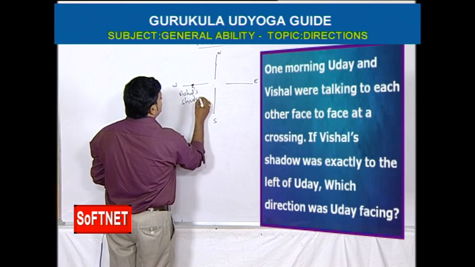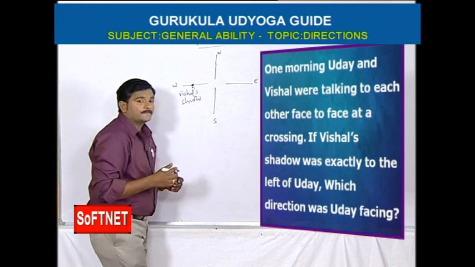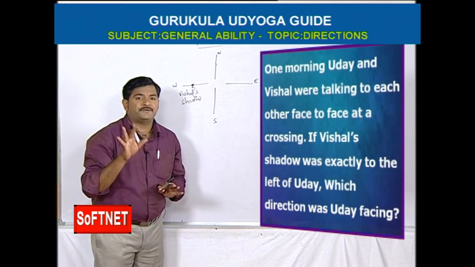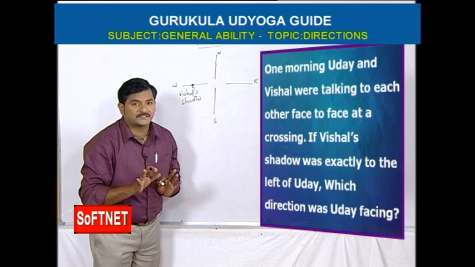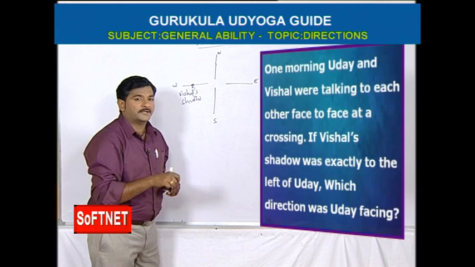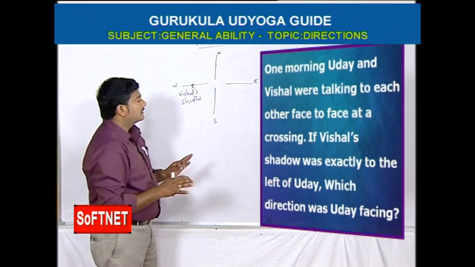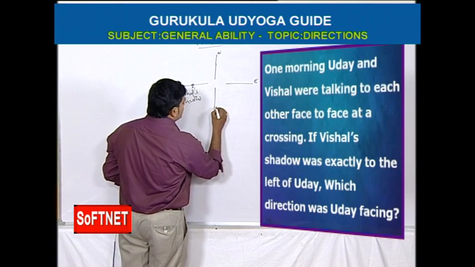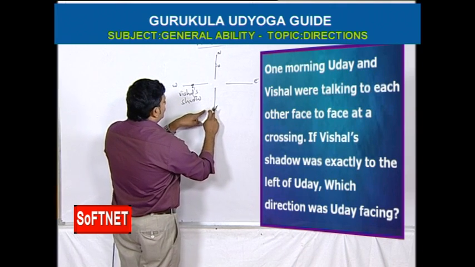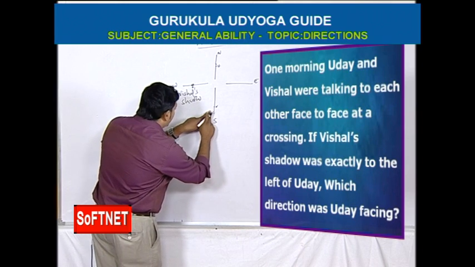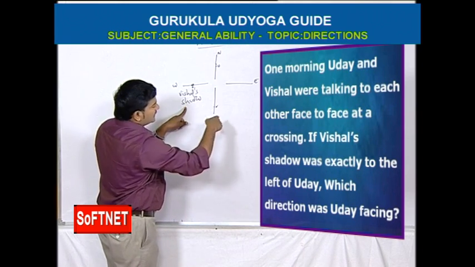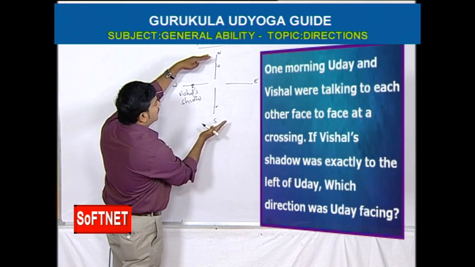Okay, I hope you understood. So now how are they talking? They are talking to each other face to face. Rough verification. First we have to fix the shadow for this type of questions. Yes, I fixed the shadow. Since the morning time is mentioned, the shadow will be on the west side. Now for example here Vishal is there, and here Uday is there. Now Vishal's shadow is towards the left of Vishal. Vishal is towards north and Uday is facing south, because they are talking to each other.